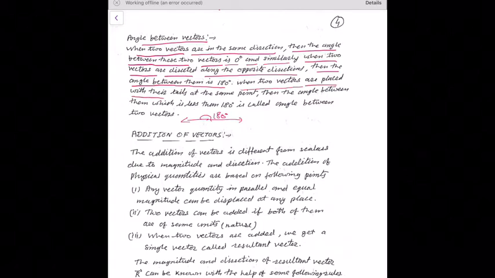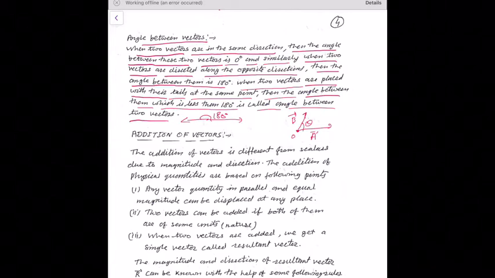When two vectors are placed with their tails at the same point, then the angle between them, which is less than 180 degree, is called angle between two vectors. Suppose a vector and b vector, both tail at same point O, so the angle between them is theta.